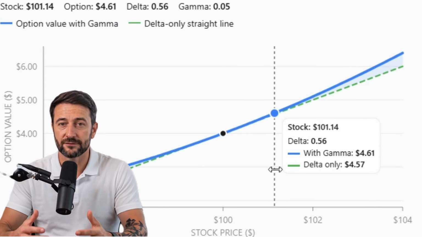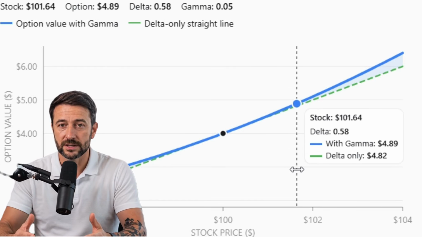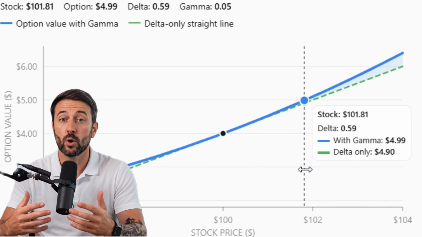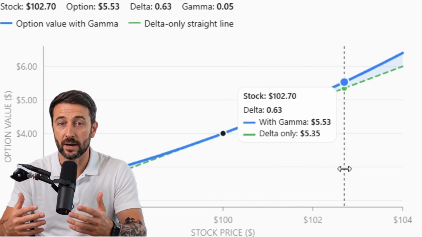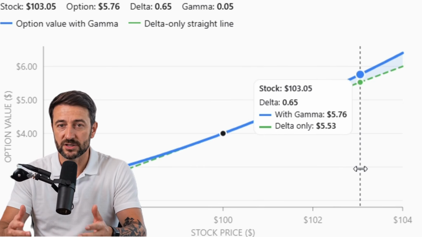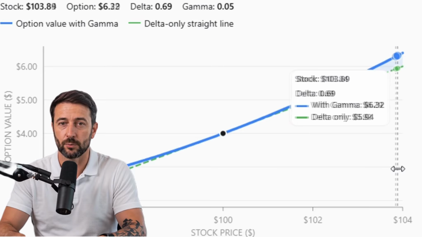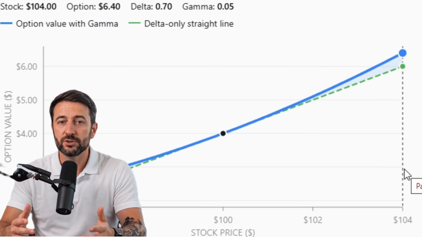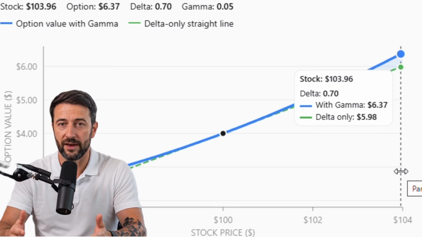If the stock rises from $100 to $101, the delta may increase from 0.50 to approximately 0.55. If the stock rises by another dollar, the option now responds with a delta closer to 0.55 instead of 0.50. The option becomes increasingly sensitive as the stock continues moving in our favor.